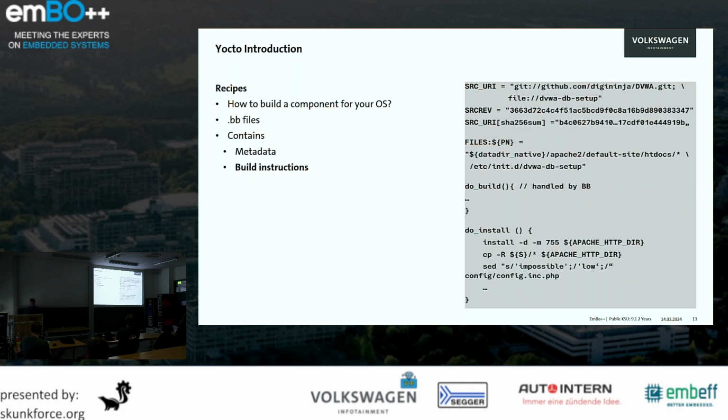And after the metadata, you have the build instructions. So for example, here you have the Git repository, the revision number, and some extra files you want to include. And building is, if you have a simple project with only a CMake file, BitBake takes most of the work.